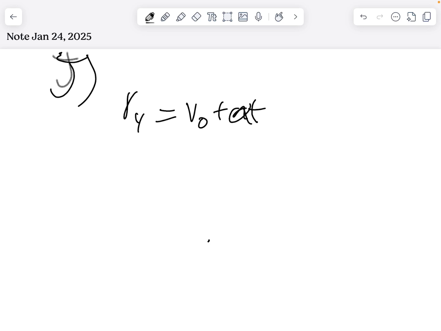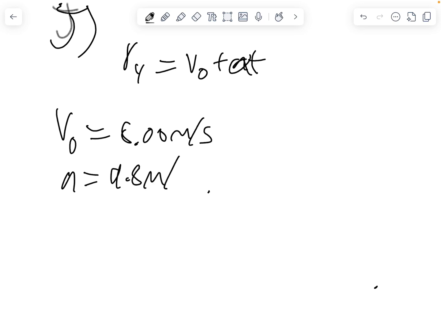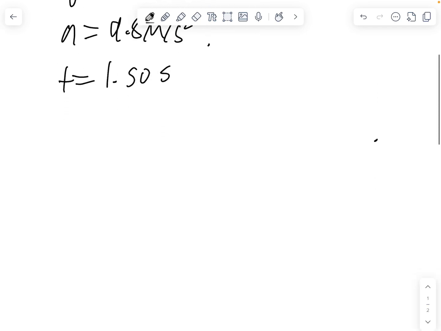Just make sure to always write that out, just so you know what equation you're going to be using. These are the numbers that we know already, or are given to us by the problem itself, or that we found through the work. So you're just going to plug in all the values.